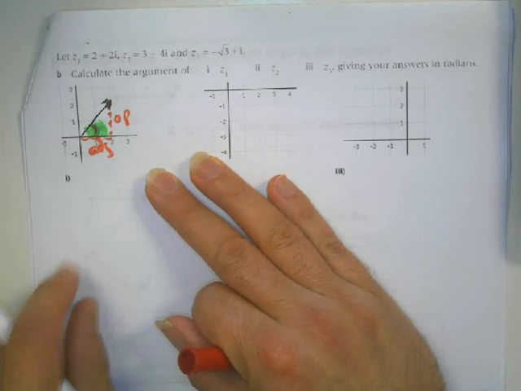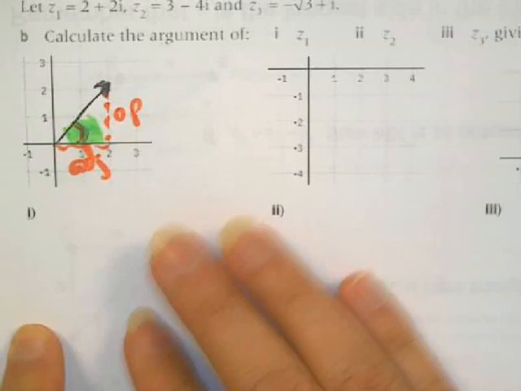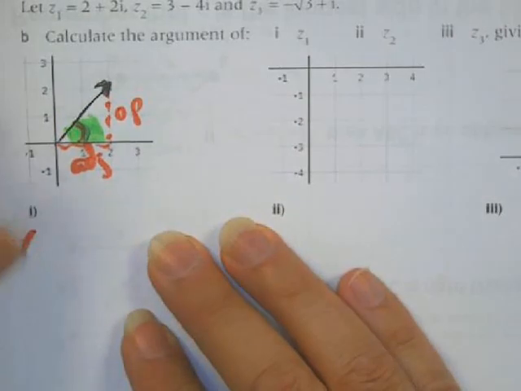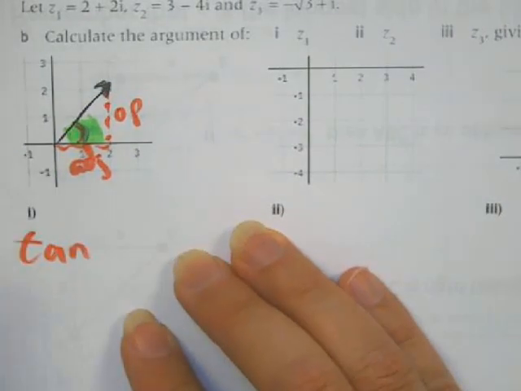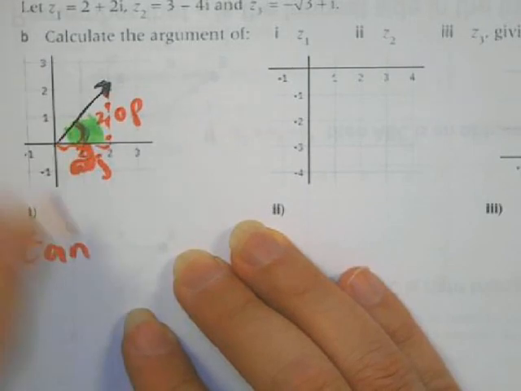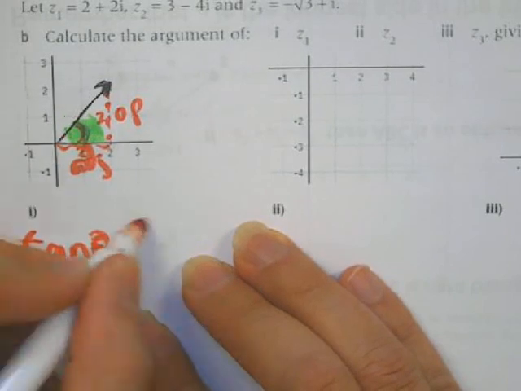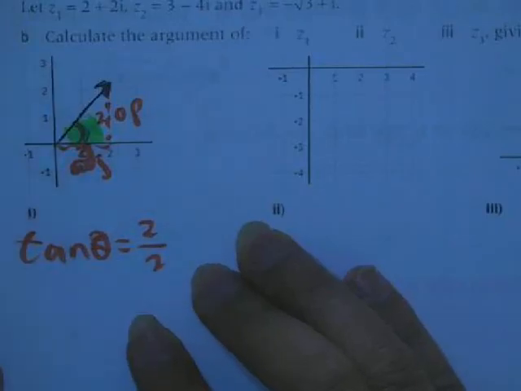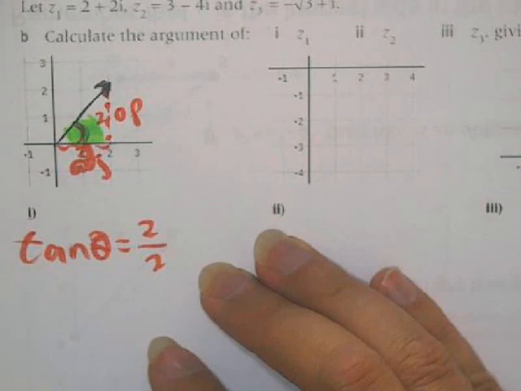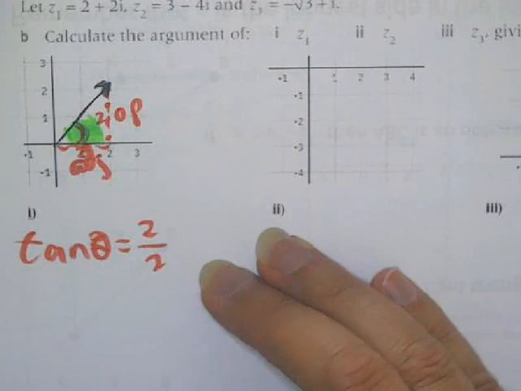So if I'm working with opposite and adjacent, I'm going to use tangent. This value here is a 2, that value there is a 2, so tangent of my angle is going to equal 2 over 2, and that's going to give me 1.